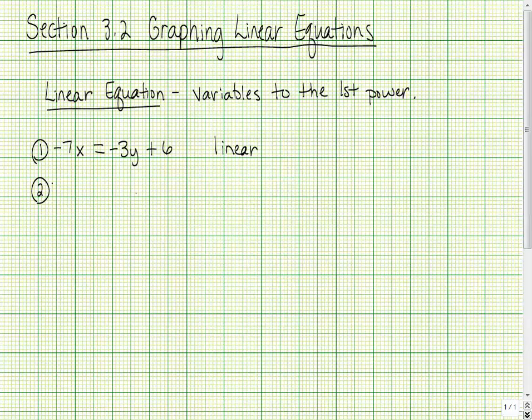But if you had something like negative 3x squared plus 7y equals negative 7, you have an x to the second power. Since the x is not to the first power, that one is not linear.